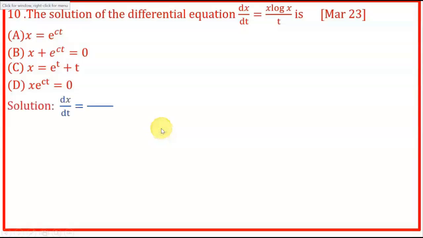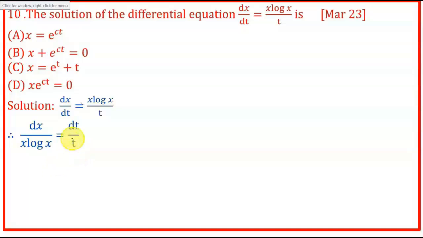Now here dx/dt = x log x / t. Now here we'll separate the variables. In short, we'll take this x log x to the denominator of dx and take this dt to the RHS, then it will become dt/t.